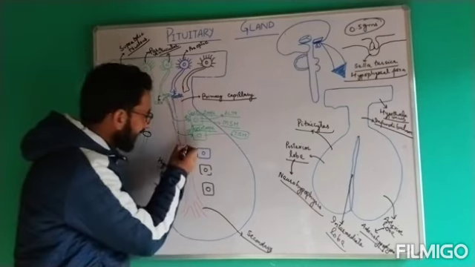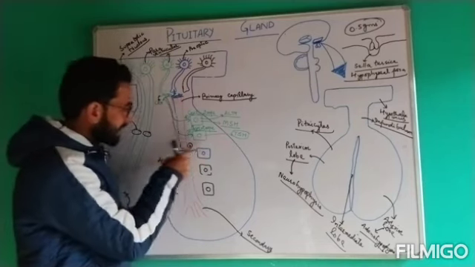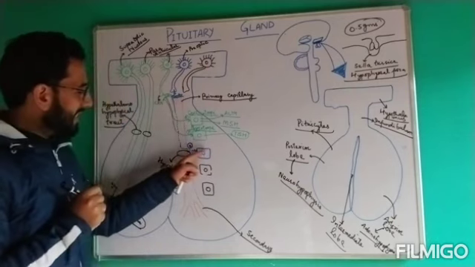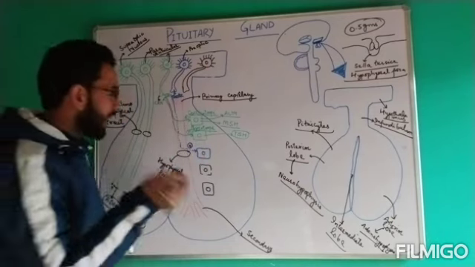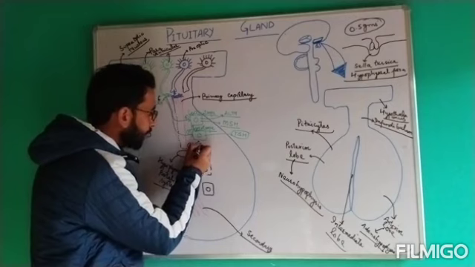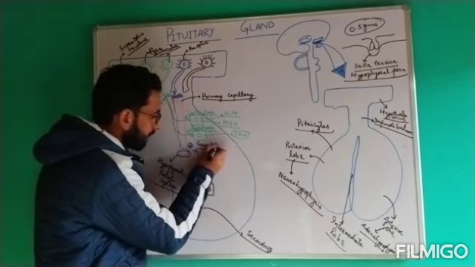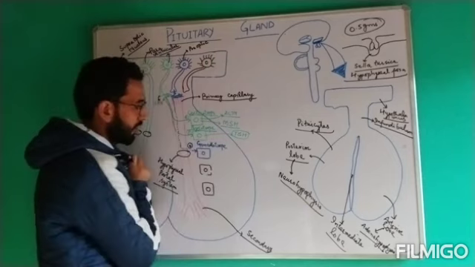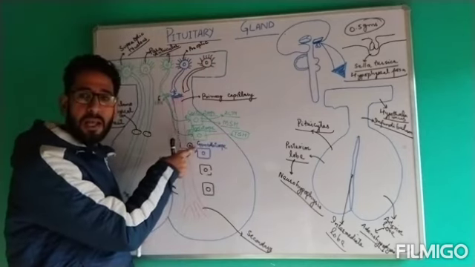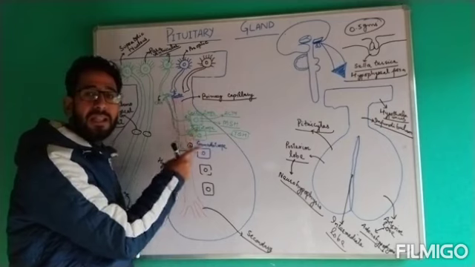This cell in the anterior pituitary is called the gonadotrope. So this is the third type of cell present in the anterior pituitary.